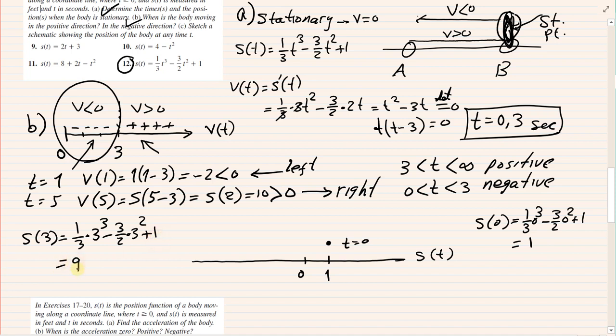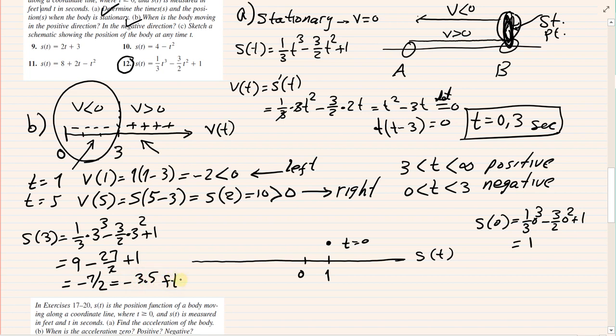This is going to be 9 minus 27/2 plus 1. Using the LCD, which is 2, that's 18 minus 27 plus 2, which is negative 7/2, or negative 3.5 feet.